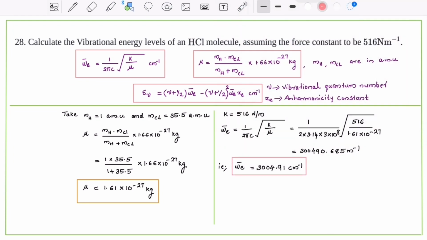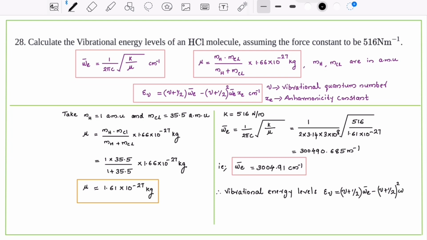Now let us find out the vibrational energy levels. The vibrational energy levels of an HCl molecule using anharmonic oscillator model is (ν + 1/2) ω_e bar minus (ν + 1/2)² ω_e bar x_e.